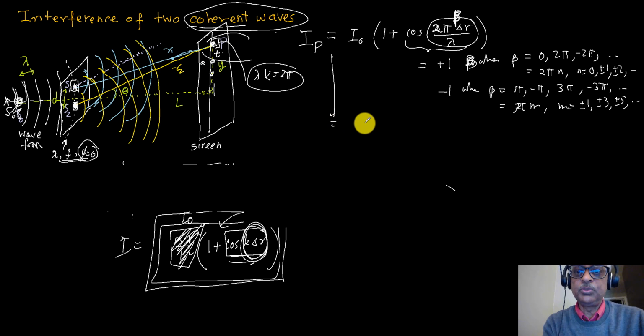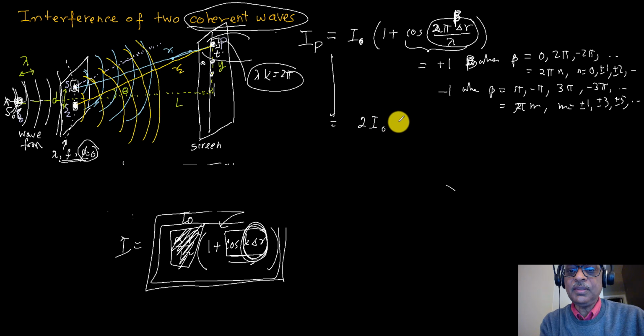Okay, so let's see. That means this will be 2I0. It actually turns out this I0 I just used kind of arbitrarily, right?